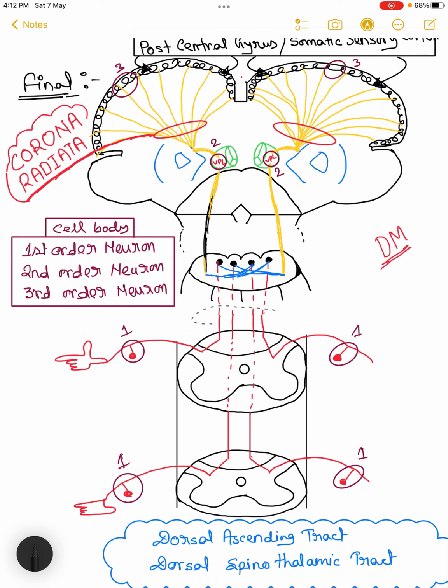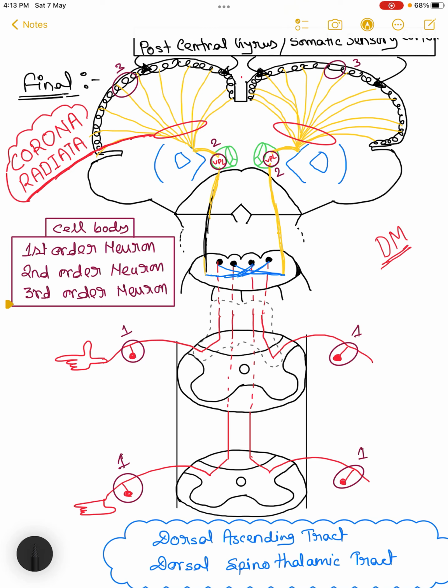Now this whole bunch of fibers will be moving upward. Now you should appreciate this diagram because it is very unique, and every segment has its own features. Like now, if you see in this position, medially are located fibers from where? Lower extremities. And laterally the fibers are from where?